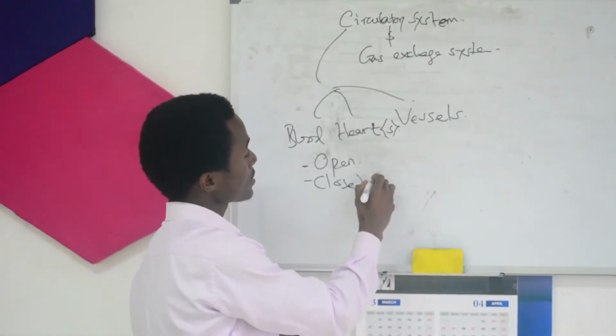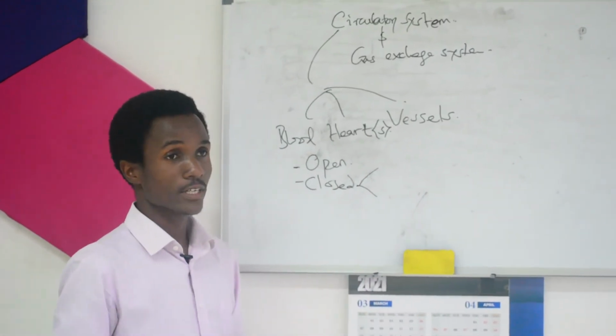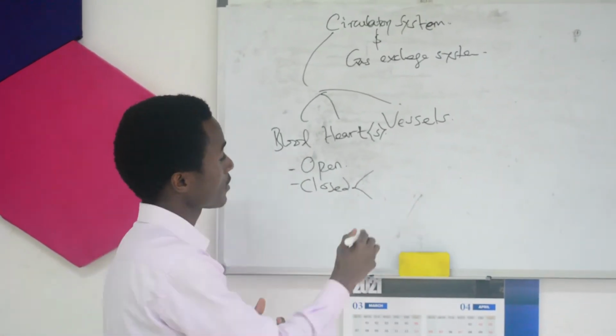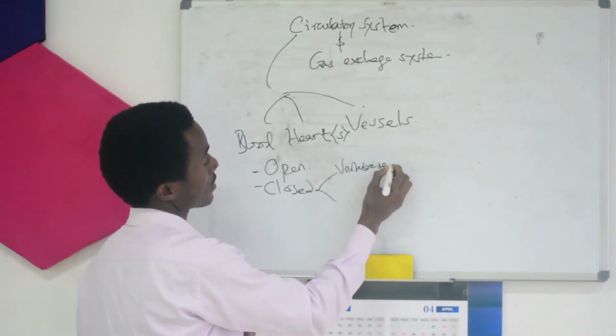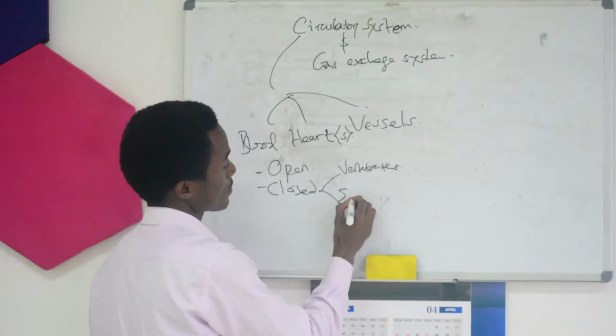Beginning with closed, this is the kind of circulatory system in vertebrates and earthworms.